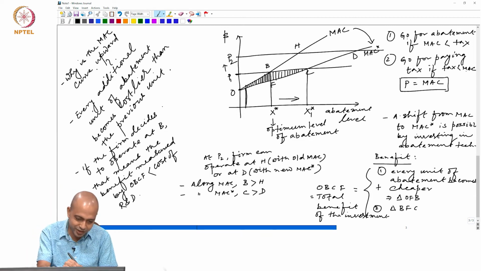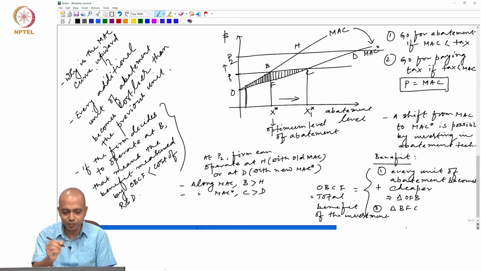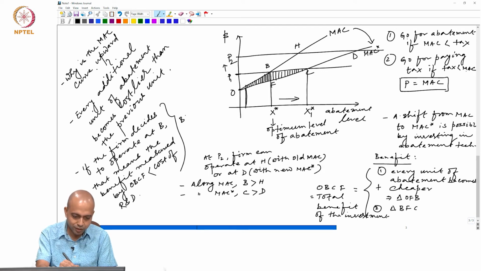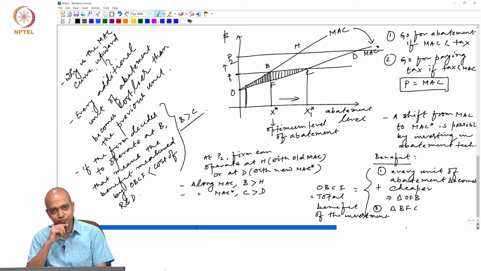So, from this, when the firm decided earlier to operate at B, that means B is greater than C, that we have already established.